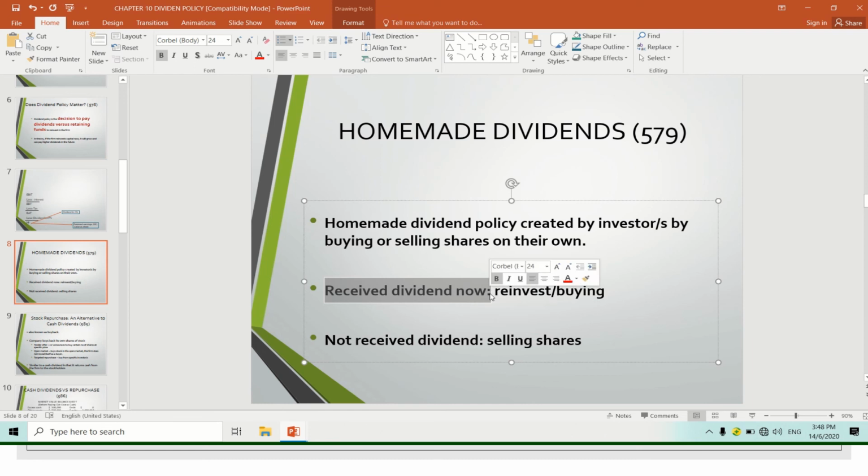They can use that dividend for reinvestment: buy other shares, or buy more Hub Seng shares.